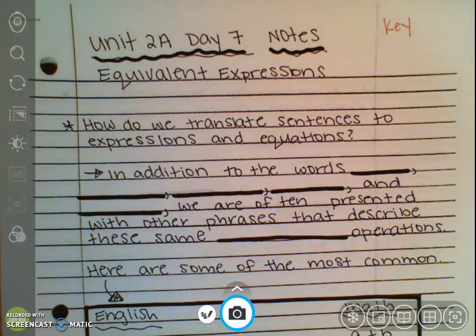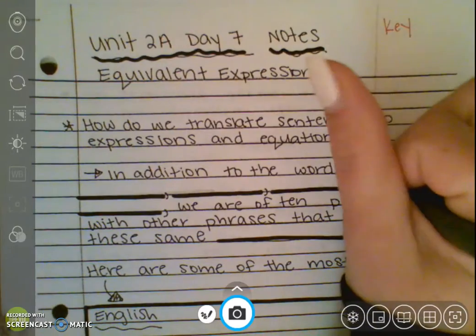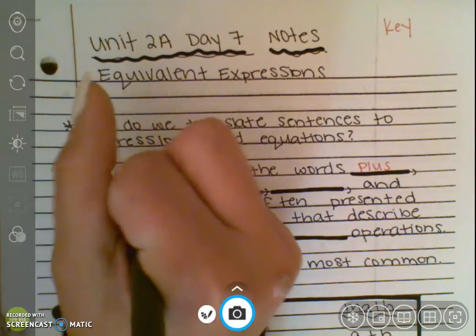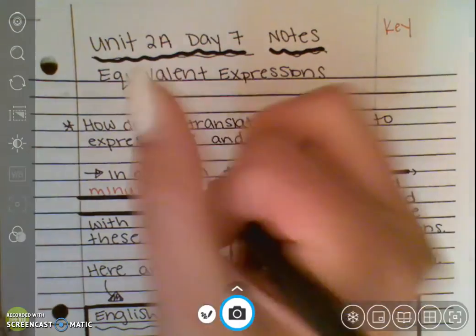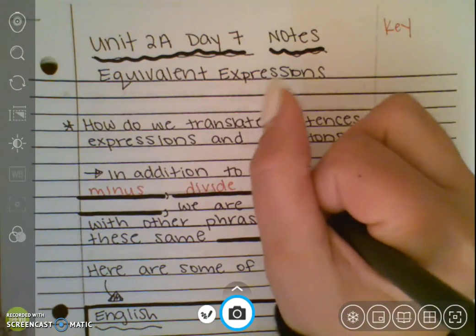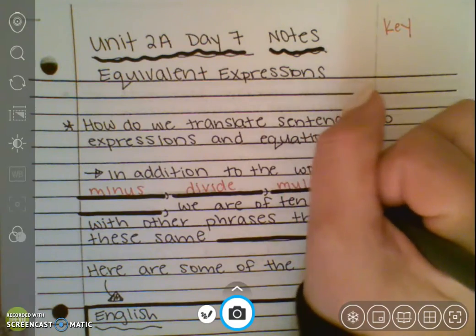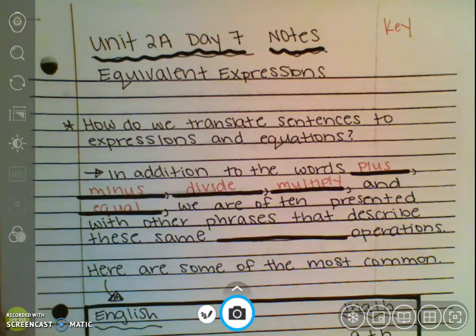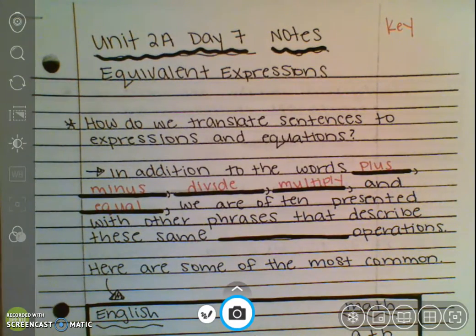In addition to the words plus, minus, divide, multiply, and equal, we are often presented with other phrases that describe these same mathematical operations.